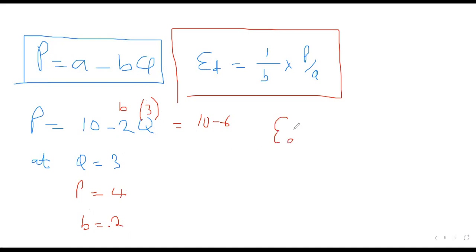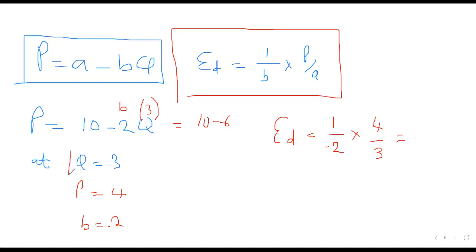So when you substitute this in here, we're going to have 1 over negative 2. Where there is price, we're going to put a 4. Where there is quantity, we're going to put a 3. Where is the 4 coming from? We just calculated it. And where is the 3?